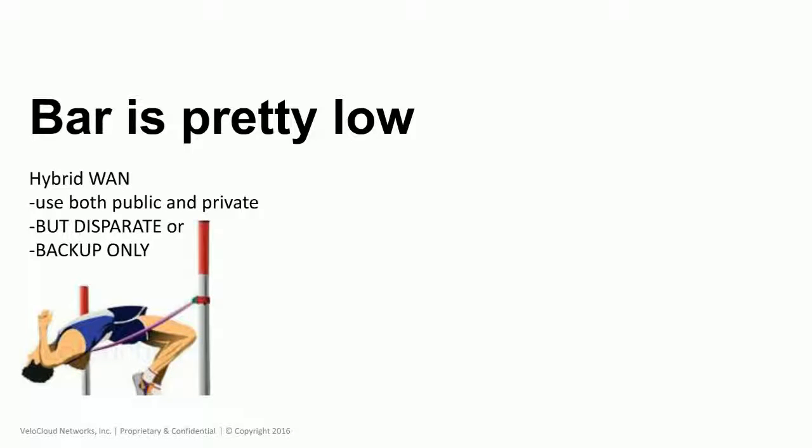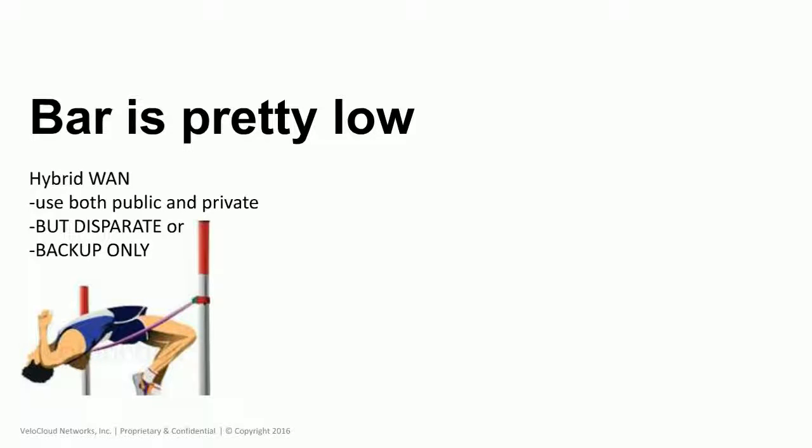I've also seen cases where you have multiple private circuits, so it's a hybrid of different private circuits, but each circuit individually is allocated for a different application, and actually requires manual readdressing of servers to shift application traffic from one private network to another.